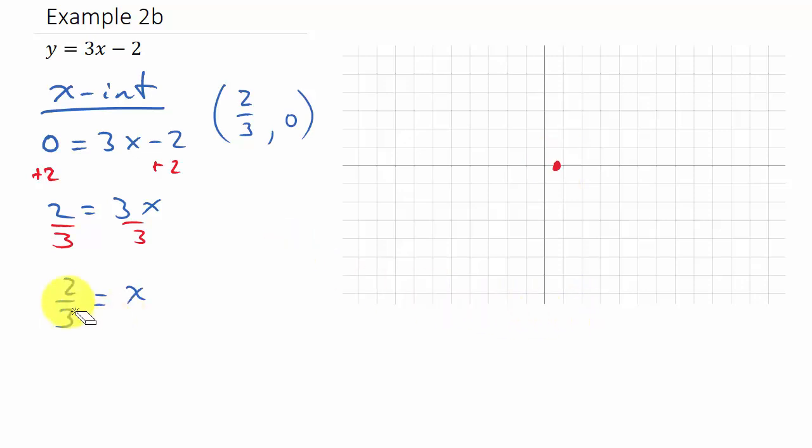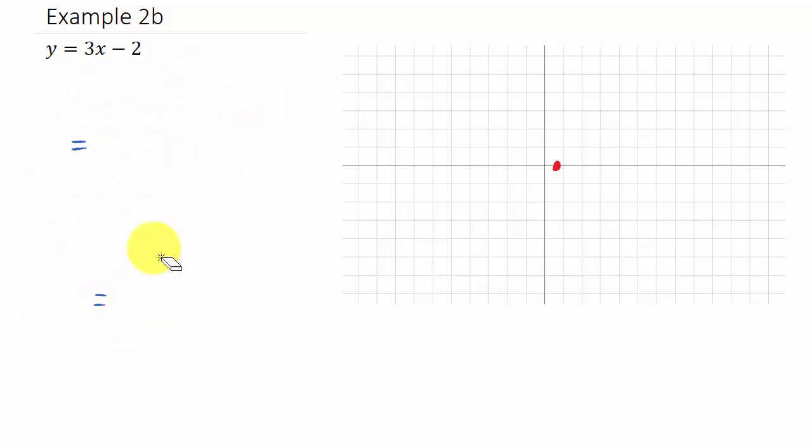Alright, now let's find the y-intercept. I'm going to let x be 0. So y equals 3 times 0, minus 2.